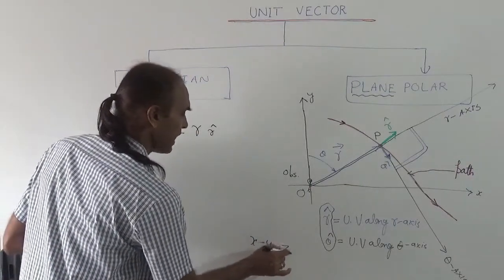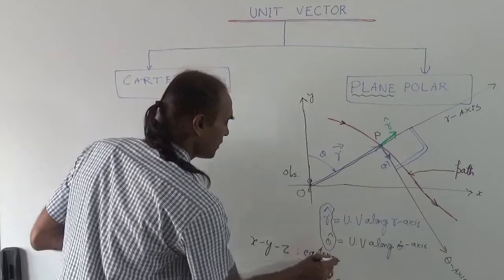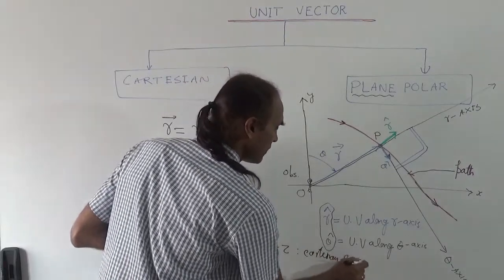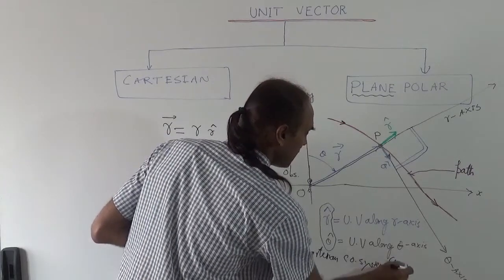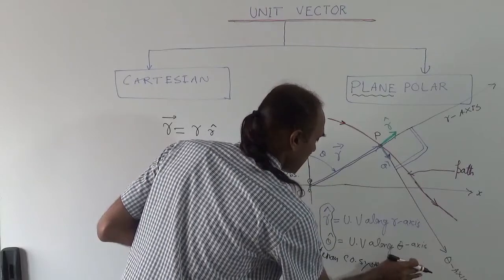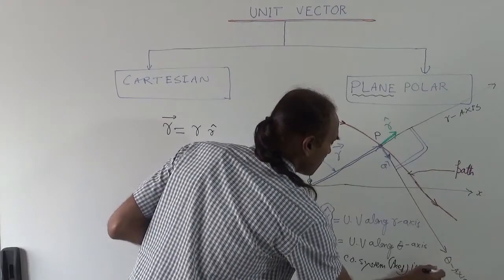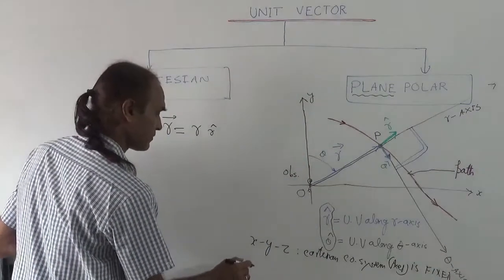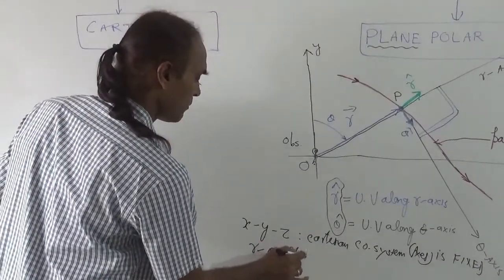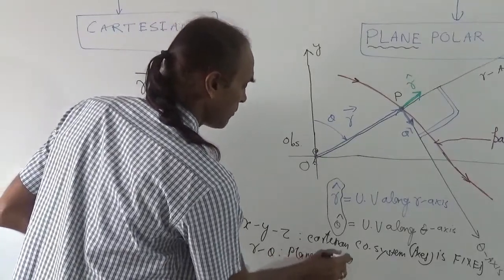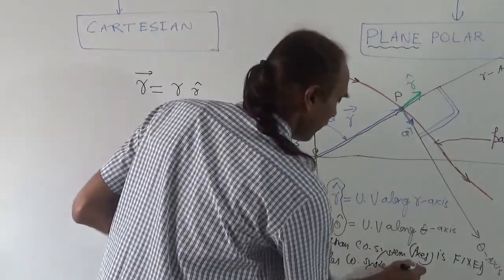X, Y, Z axes are fixed, whereas the plane polar coordinate system is moving.